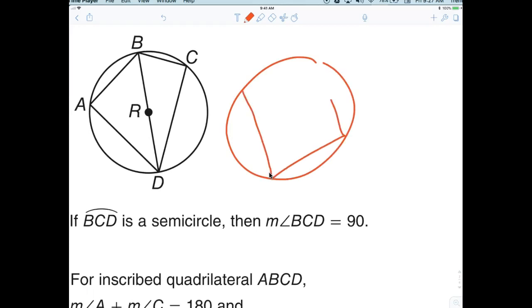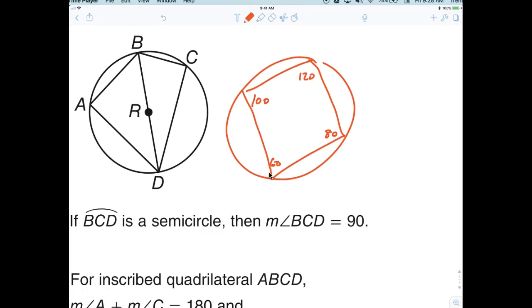And we could show you this, but if you have an inscribed quadrilateral, the opposite angles are always supplementary. Are we hearing? Always. Inscribed quadrilateral, the opposite angles are always supplementary. So if I said this is 100, this over here would be 80. If I said this was 60, this over here would be what? 120.